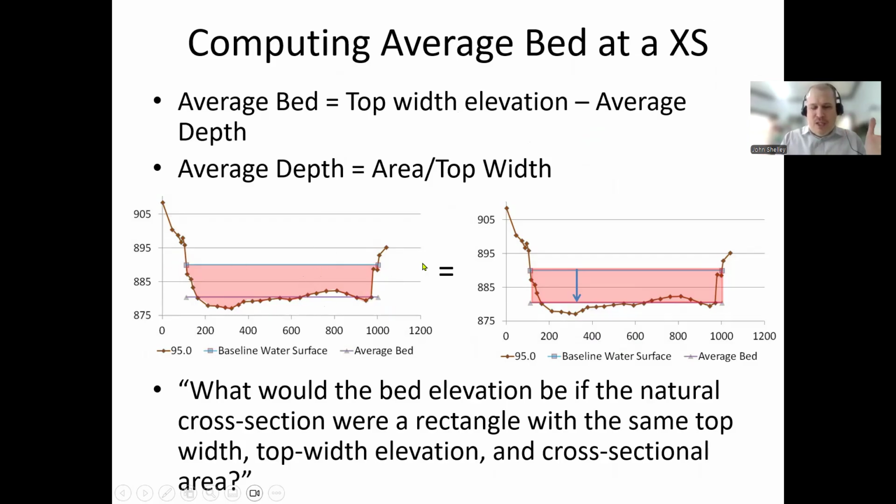Essentially what you're doing is you're saying what is the area of this channel, and then the depth of this channel if it was a rectangle that had the same width as that top elevation. So functionally, we're saying that these things are equivalent. You're finding that depth, and then the top elevation minus that depth is giving you the average bed elevation.